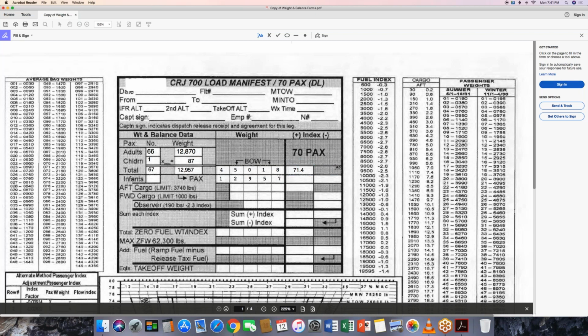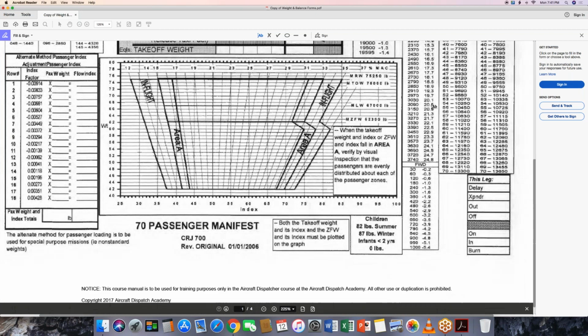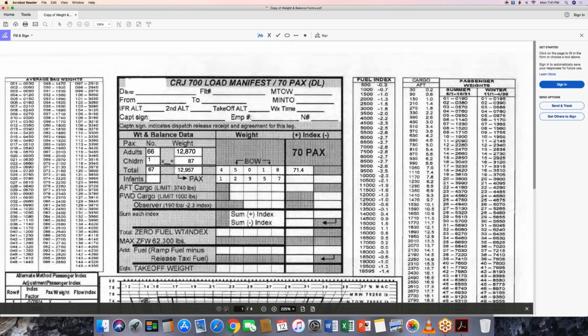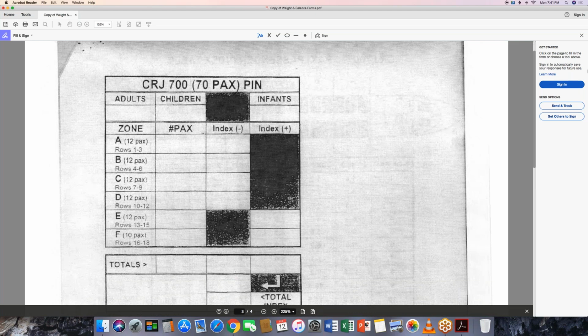Let's see. Okay, so now how do we find the index for our passengers? Scroll down. Okay. You got to use the chart at the bottom there. Yeah, that. Okay. And we started from the front, right?